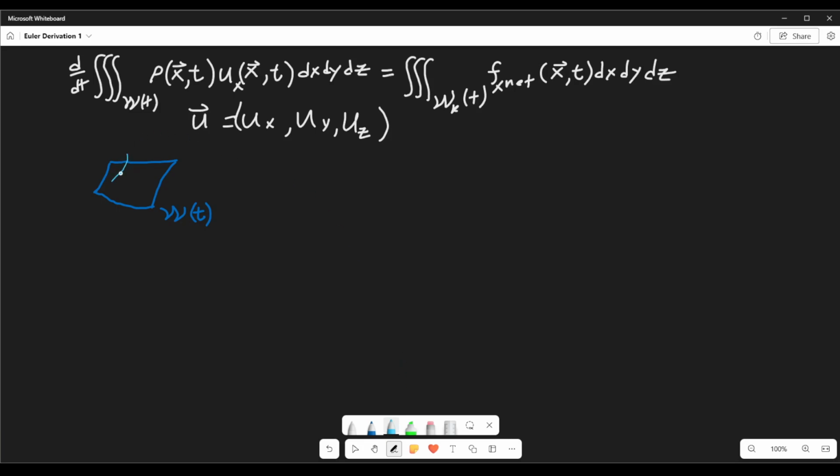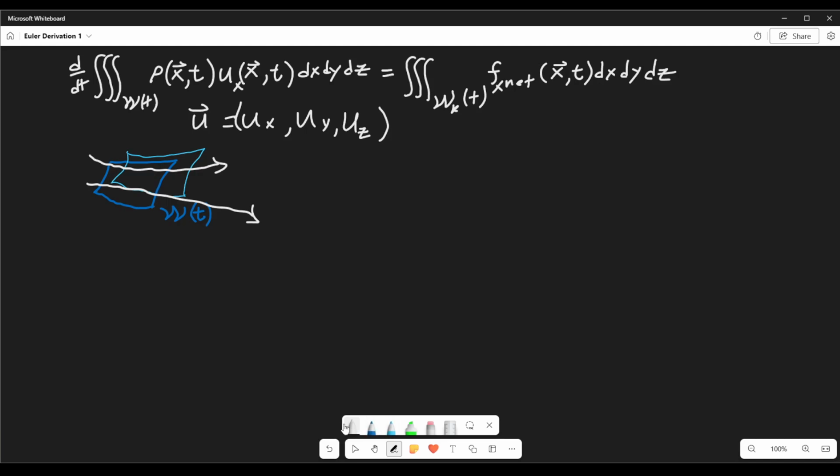It actually has a time dependence. It may move to another location, and it may even change in shape as it moves, because it's being carried along by the flow of the fluid, since the W volume is in fact following a particle that's moving with the fluid.